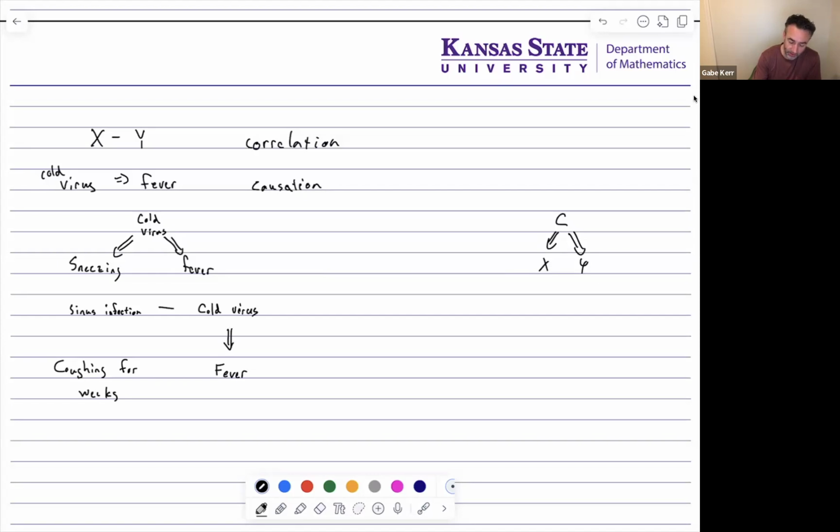And these are really the causes of the two symptoms that you're seeing. So this is one of these cases where you have two different correlated causes. In this case, there's a causal relationship between C1, C2 and C1, but they are the causes of these correlated events of having a fever and coughing for weeks.